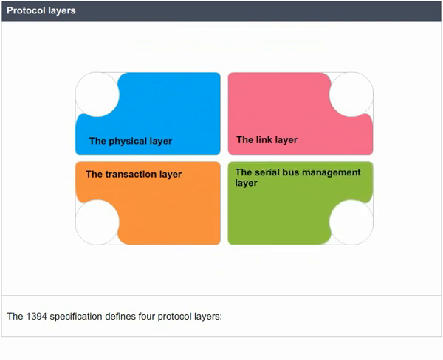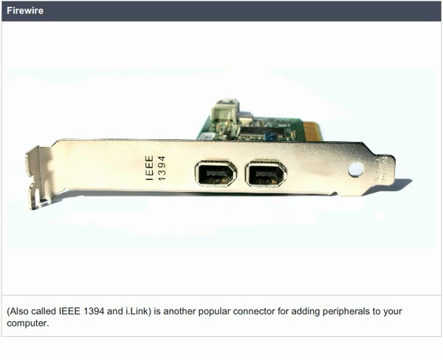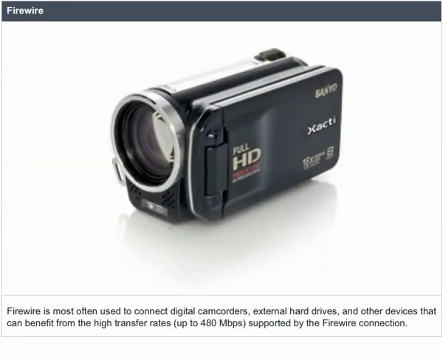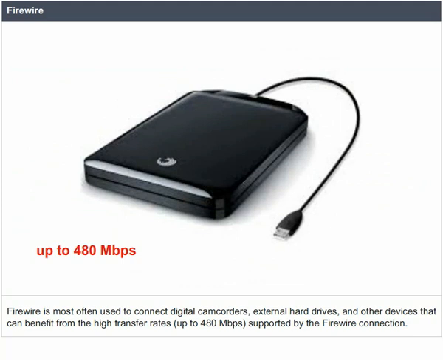FireWire, also called IEEE 1394 and iLink, is another popular connector for adding peripherals to your computer. FireWire is most often used to connect digital camcorders, external hard drives, and other devices that can benefit from the high transfer rates up to 480 Mbps supported by the FireWire connection.